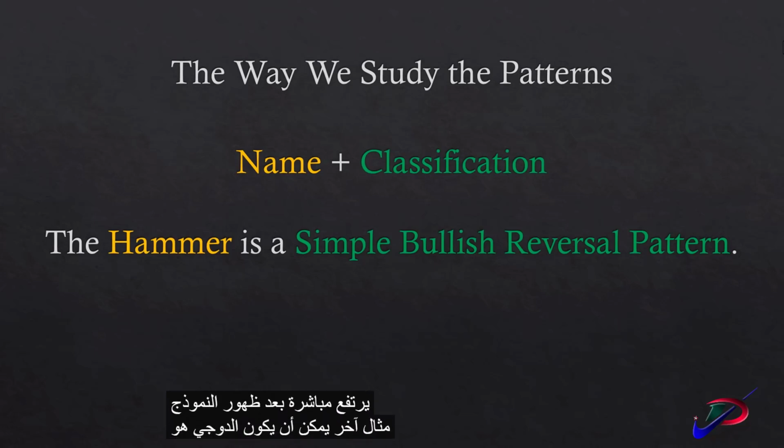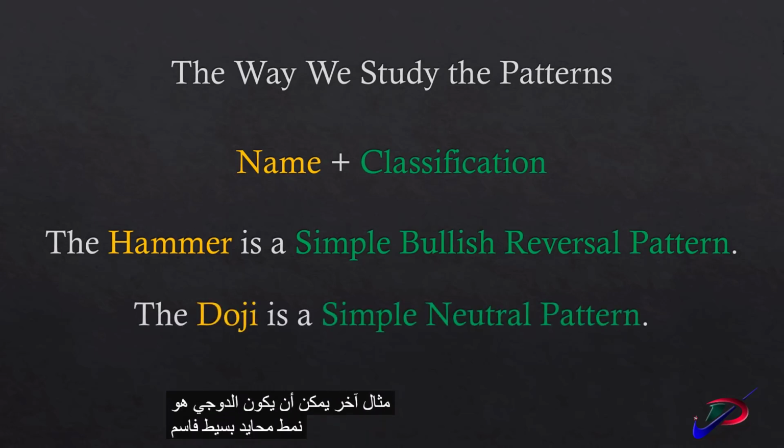Another example could be the doji is a simple neutral pattern, so the name of the pattern is doji, and by looking at its classification, we know that it is composed by one candle only, and it indicates a momentary stop in the advancement of price. As I said before, this is useful to memorize and organize the patterns since there are many of them.